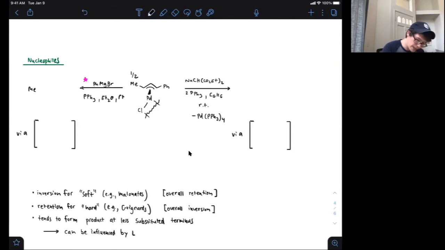So here, from an enantiomerically enriched allyl palladium, we can see the divergence in stereochemical outcome, where the hard nucleophile will react via transmetallation and reductive elimination to give retention in this step. Although you do get some stereoablation, and we'll talk about where that's coming from.